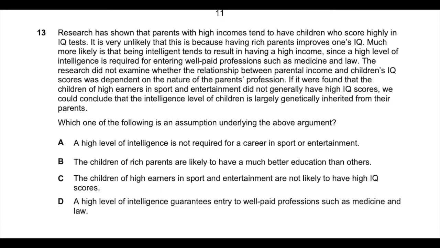The research did not examine whether the relationship between parental income and children's IQ scores was dependent on the nature of the parent's profession. If it were found that the children of high earners in sport and entertainment did not generally have high IQ scores, we could conclude that the intelligence level of children is largely genetically inherited from their parents. Which one of the following is an assumption underlying the above argument?